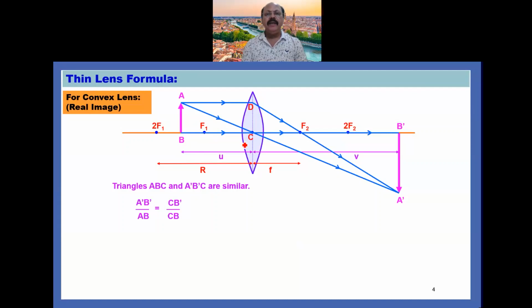Similarly, we take another pair of triangles, DCF2 and A dash B dash F2. They are also similar triangles. In the same way we can say that A dash B dash upon DC equal to B dash F2 upon CF2. Mark these equations: this one is equation 1 and this one is equation 2.